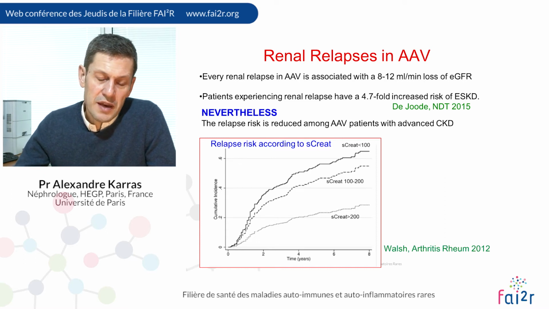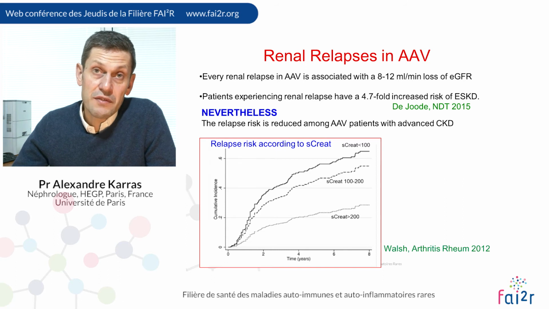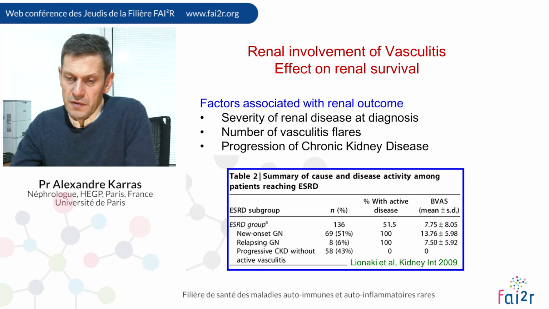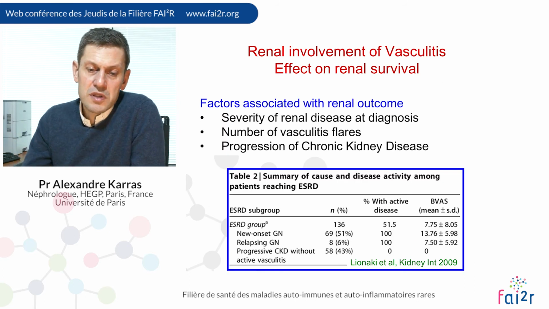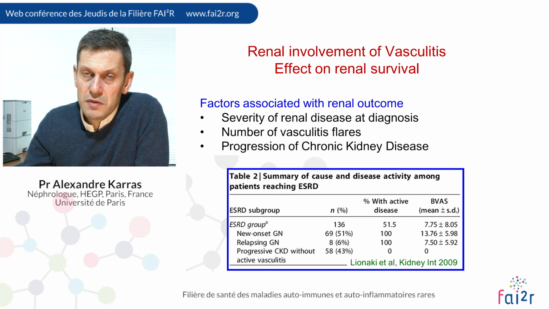Nevertheless, we know that the relapse risk is reduced among ANCA-associated vasculitis patients with advanced CKD, and patients who keep serum creatinine above 200 micromoles have relative protection from relapse during follow-up.